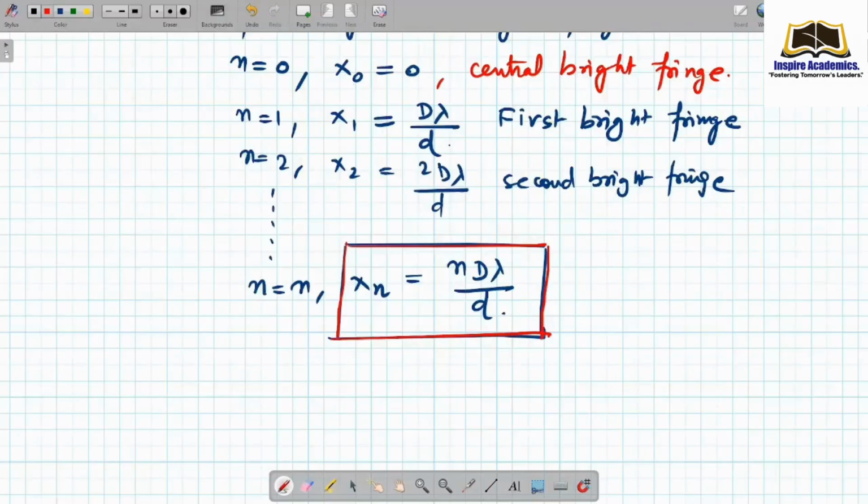So we know now xn. Let us talk about dark fringes. Dark fringes would occur when we have destructive interference. Condition for dark fringes.